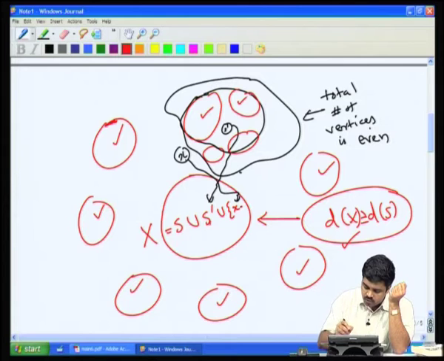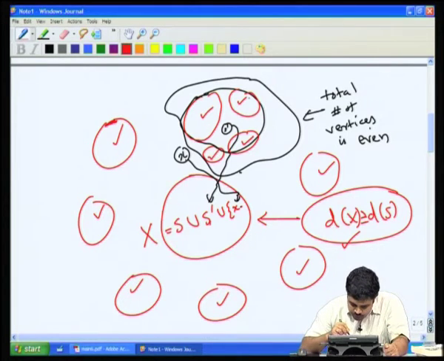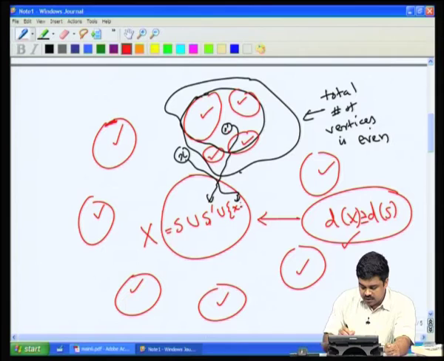How many new odd components are created? Here, by removing this thing, the number of odd components is 2 more than the cardinality of S, while this is only increased by S dash; this is increased by S dash plus 2. So, here we have added one more vertex here.